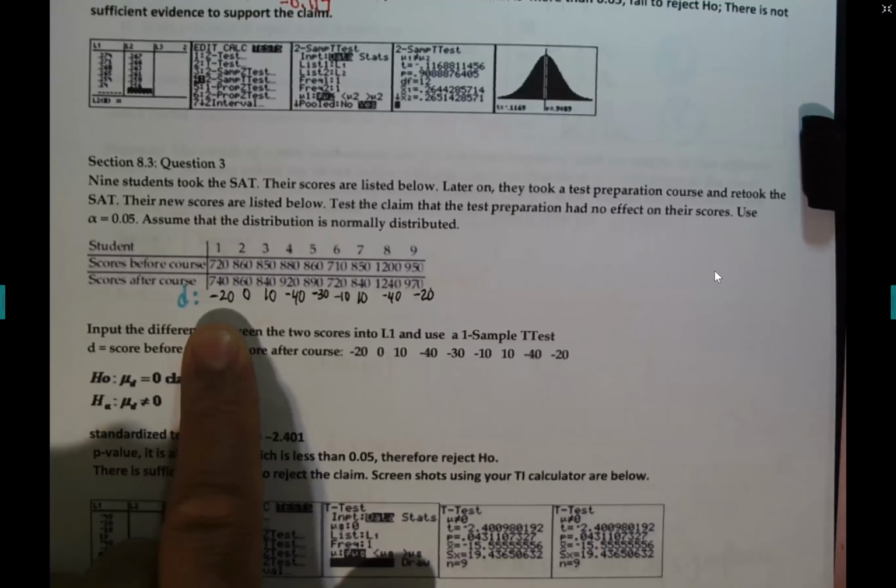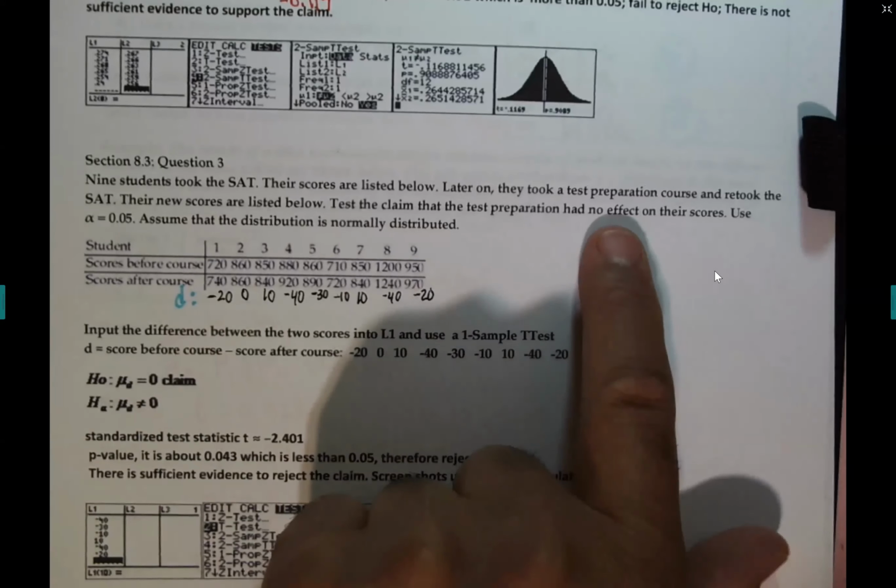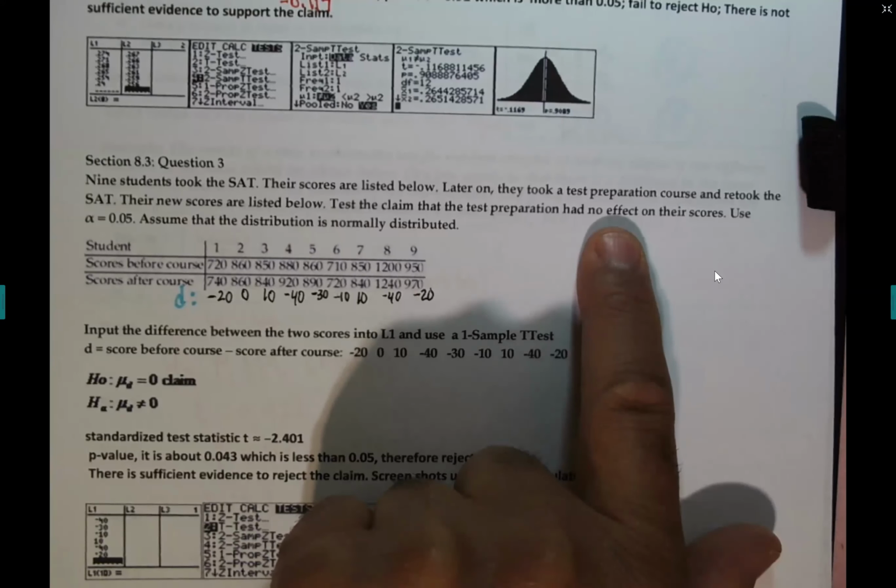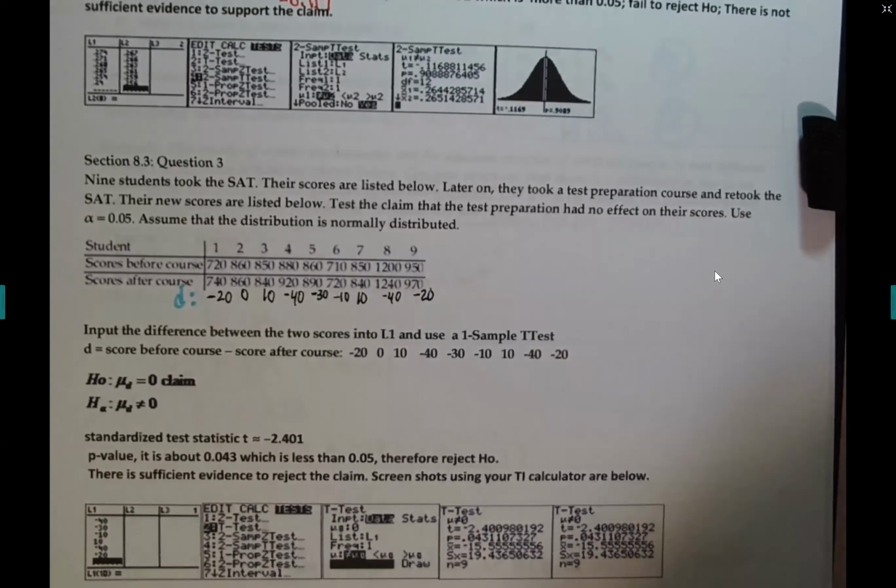Probably not. And here at 20 points, is it big enough to say that it did make a difference? Probably it didn't. So that's what we need to check. So when he says had no effect, guys, had no difference, you know that you're doing this one.